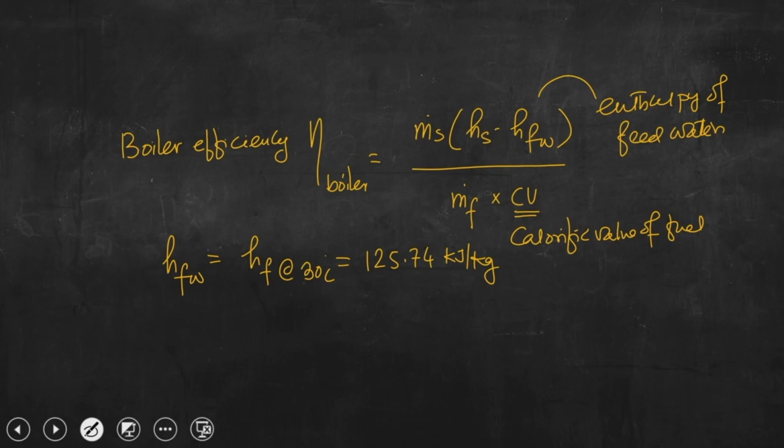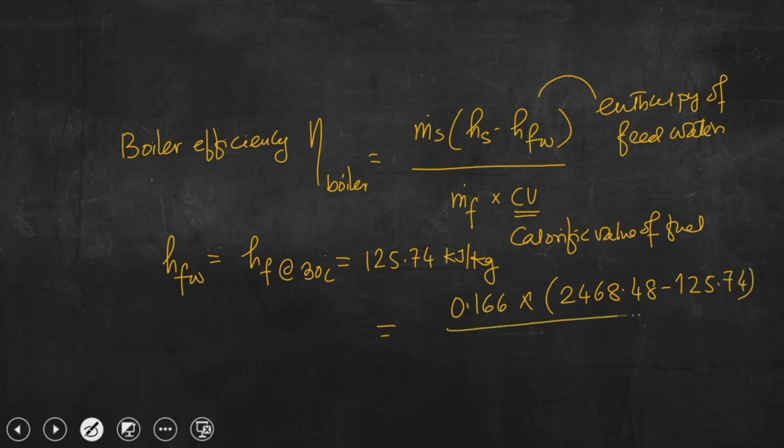Now we have calculated everything, and the calorific value of fuel is given, so we can directly plug in the values of all these quantities. So, this is 0.166 into 2468.48 minus 125.74, divided by 0.0148 into the calorific value of fuel, which is given as 44,265.